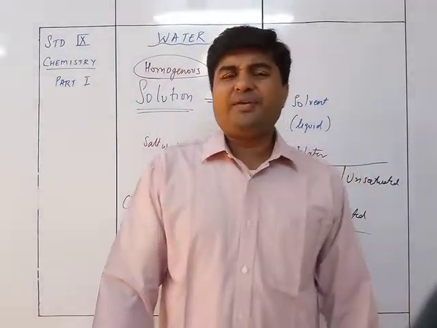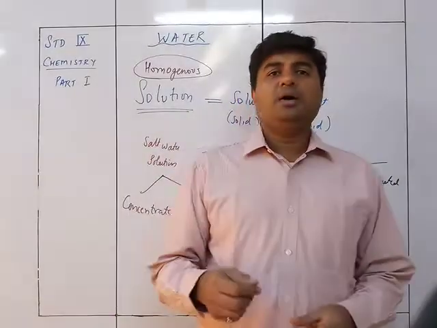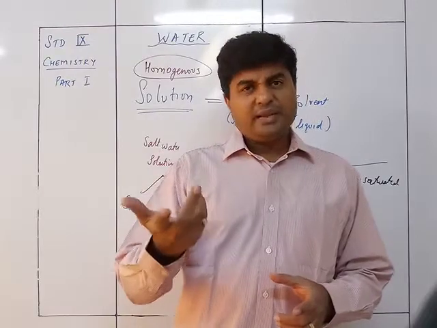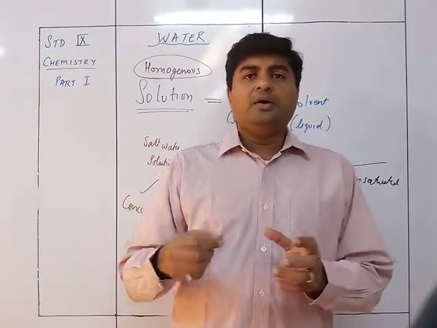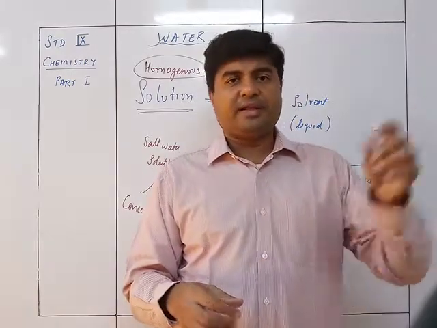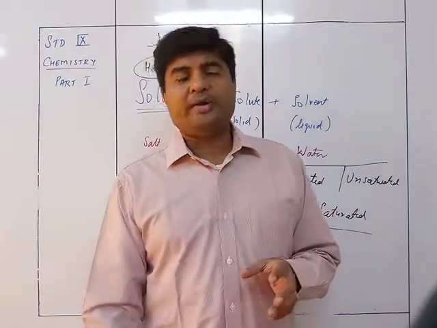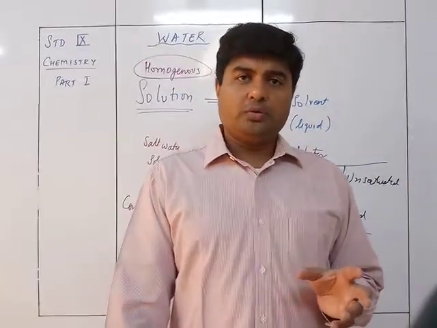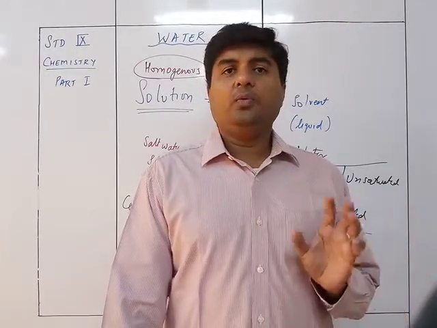It's not going to happen that if I take 100 ml of water and take salt, NaCl, then only, let's say, 30 grams is dissolving in it, and if I take sugar, it will also be 30 grams, or something else, also 30 grams. That is not the case. Each and every solute has a different solubility in water.